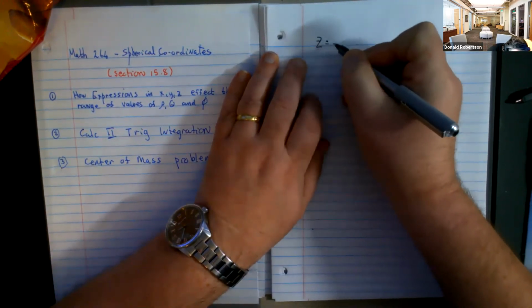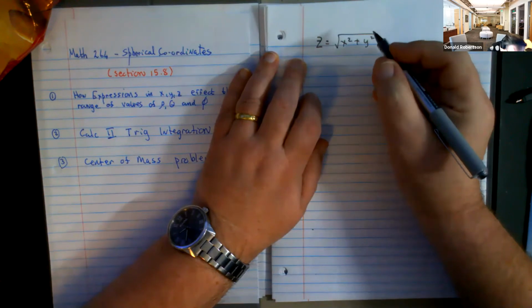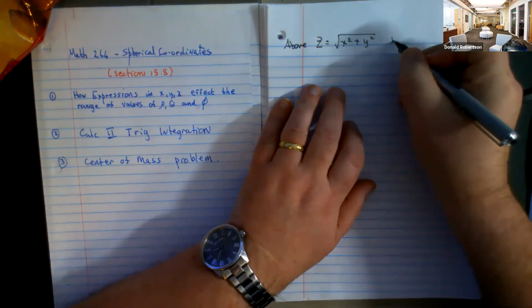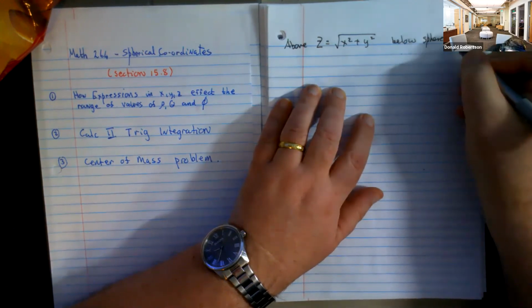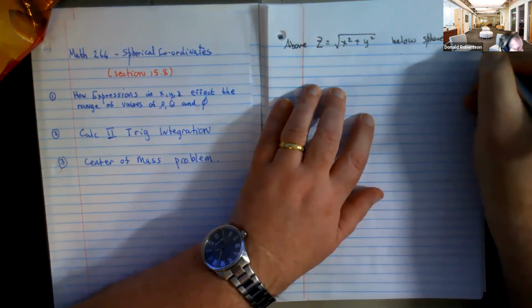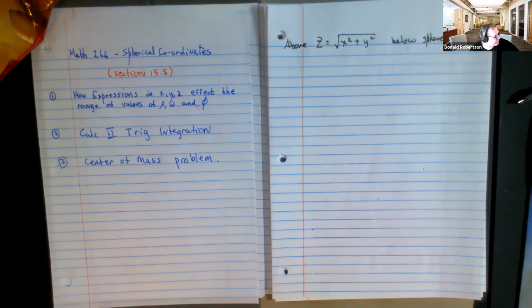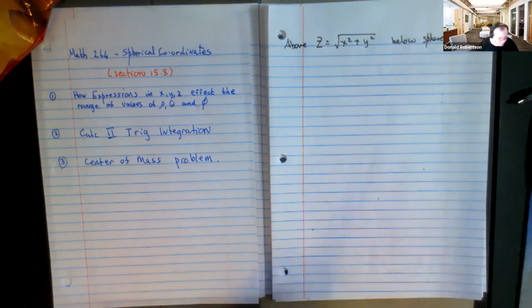You're given this, which is a cone, and they mention the word above, and you've got a below, which is the sphere, and the sphere is that one, and we're being asked to find the center of mass.